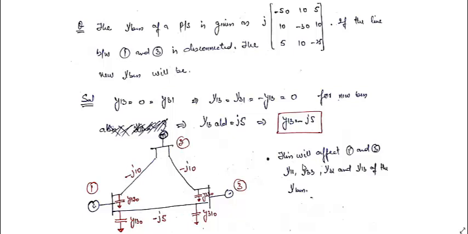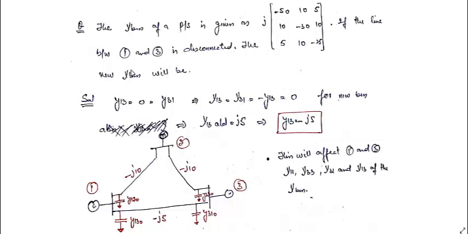And the important thing that I have told you earlier is that since the line is disconnected between 1 and 3, this is the series element, so diagonal as well as off-diagonal elements will be affected. Now which elements will be affected? You will see the diagonal elements y11 and y33, and the off-diagonal elements y31 and y13 will be affected.